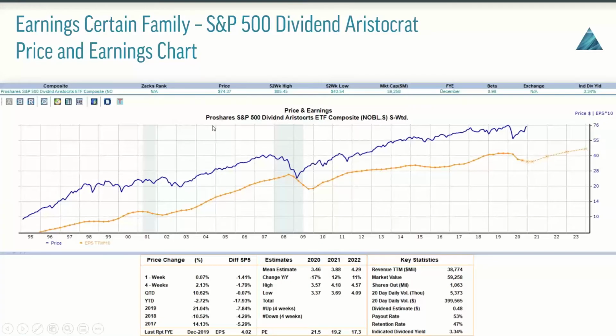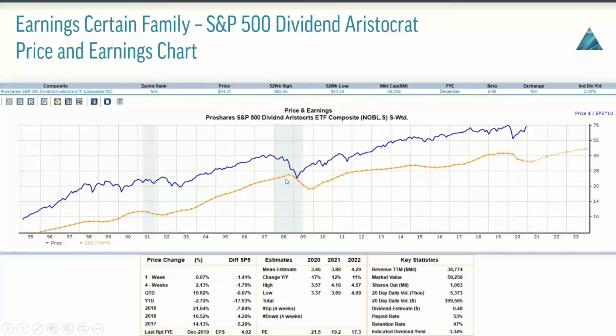If you're a fan of what many would consider to be the more conservative S&P 500 Dividend Aristocrats ETF, this is NOBL, very popular. Again, the idea here is these are the aristocratic companies in the S&P 500 that have a history of continuing to increase their dividend each and every year, and on and on. That's great, but you're giving up a lot of performance for that yield.